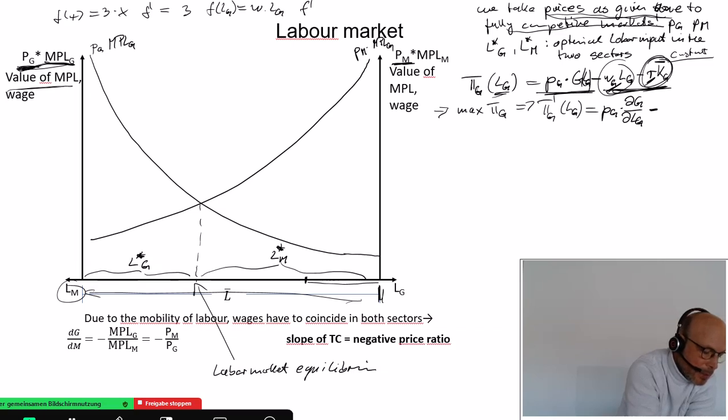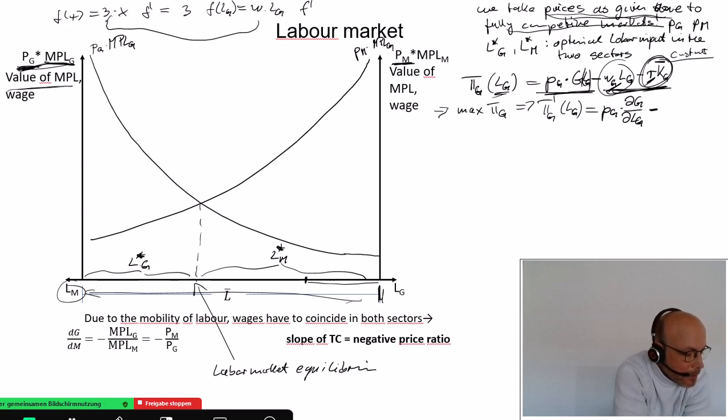What is f prime? You can say my 3 is my W and my x is my Lg. Then just W, of course, is wages.